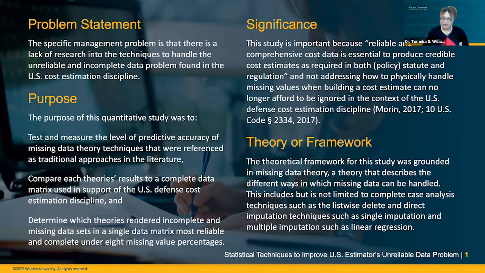But there was nothing in the training or in the universities that said what you do when you don't have data, or when you have data that doesn't behave right when you plot it into a scatter plot and you're doing linear regression and things of that sort. That's where all the literature and documents tend to side: there's really nothing formal that says how to handle the missing data problem for cost estimators.